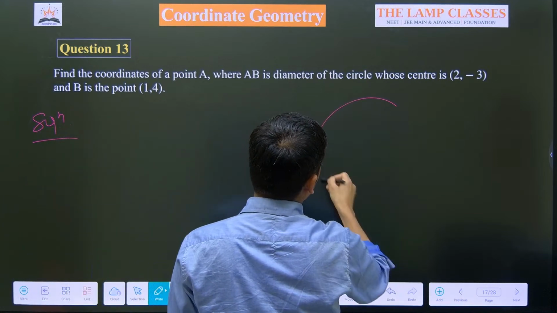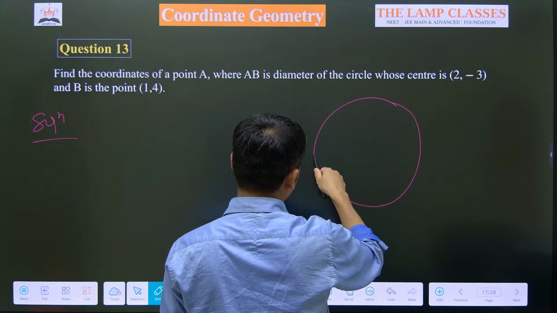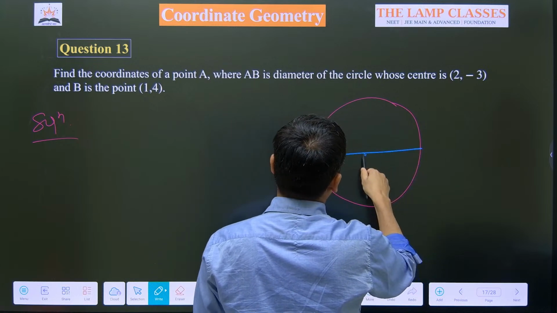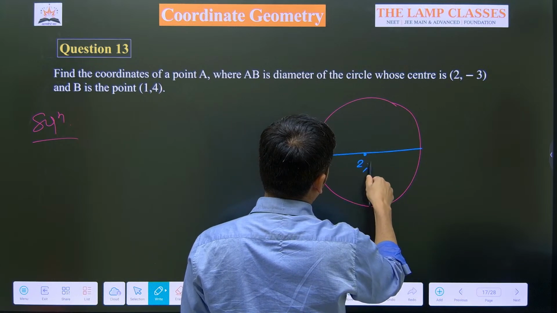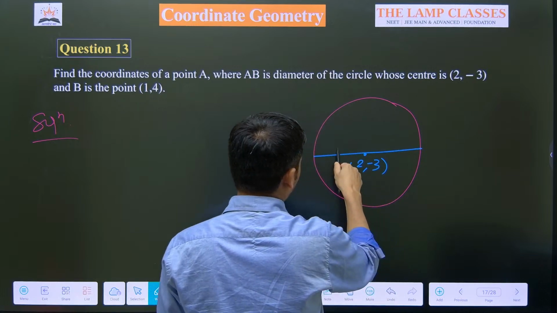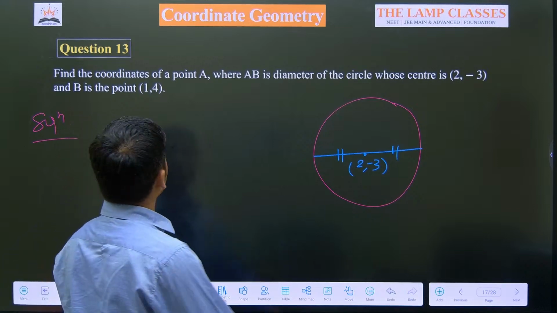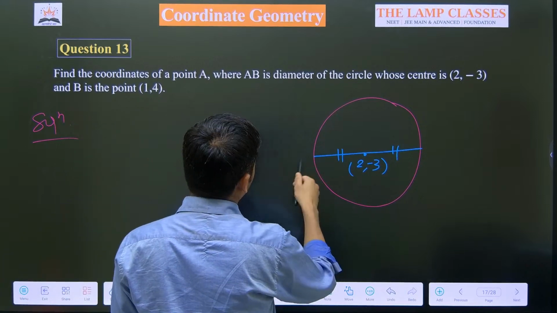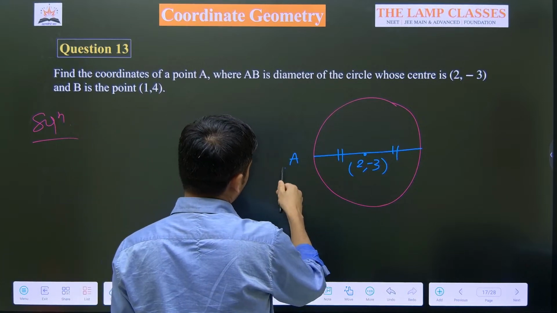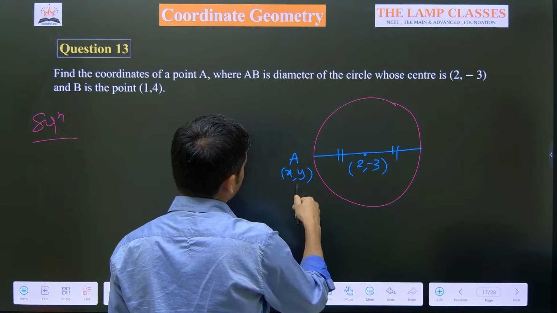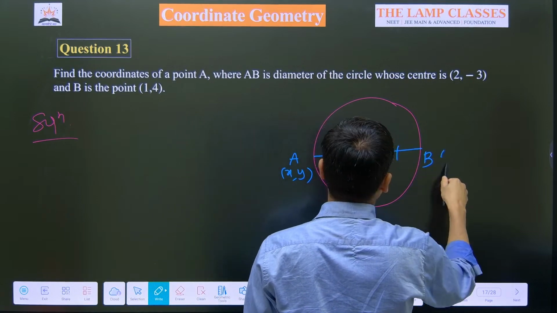AB is the diameter whose center is 2,-3, and you know that the center is the midpoint of any diameter. So coordinate of A is not given, na, we can name it x comma y, right? We'll even mention that. And coordinate of B is 1,4.